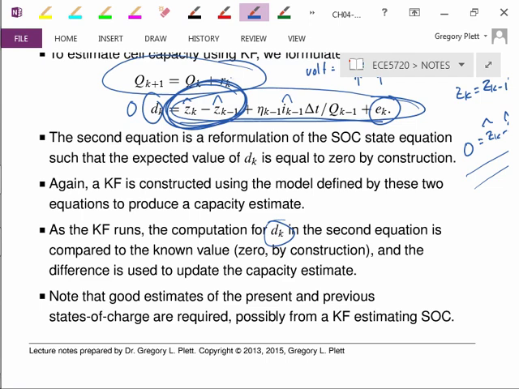And for us to be able to correctly estimate capacity, we need to consider the math a bit more carefully. So the remainder of the chapter will be looking at capacity estimation using a different approach.